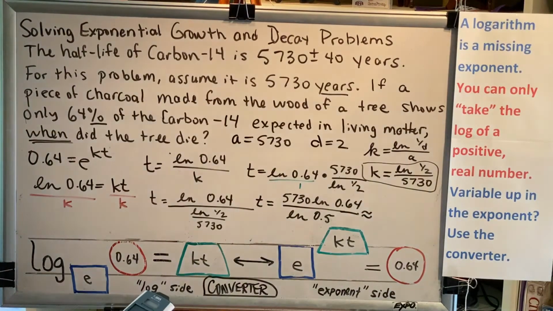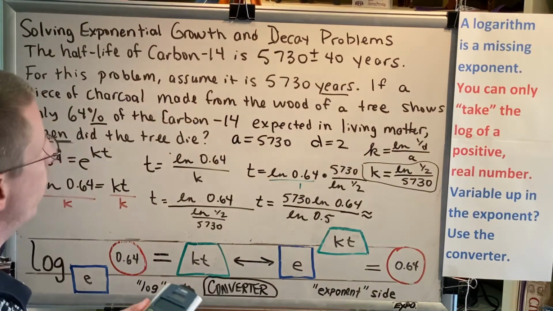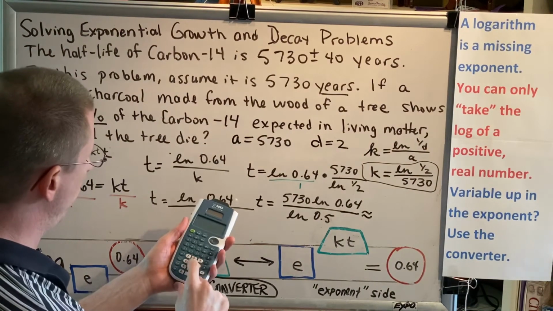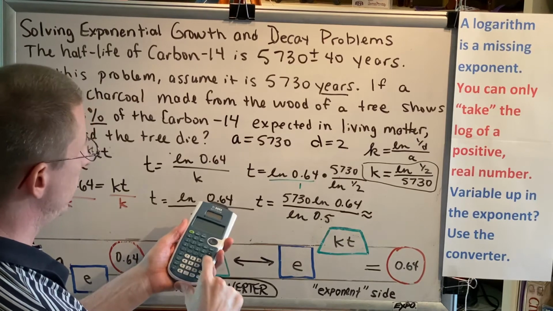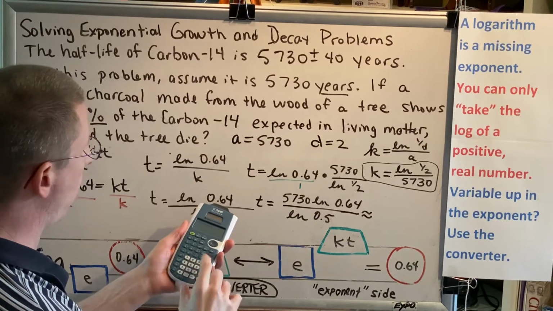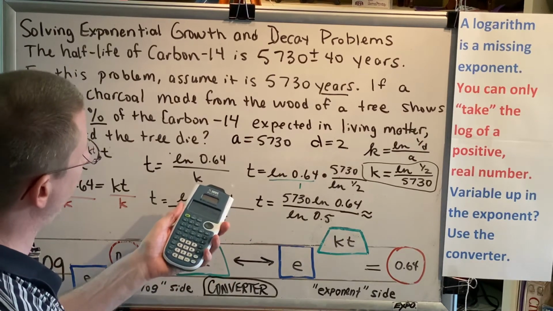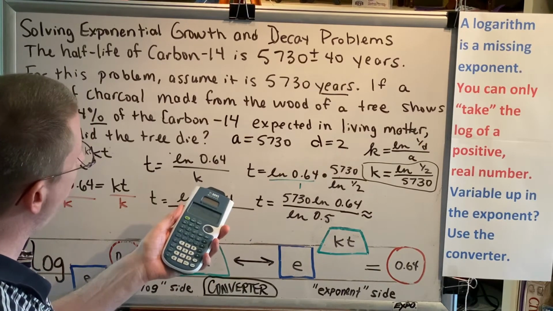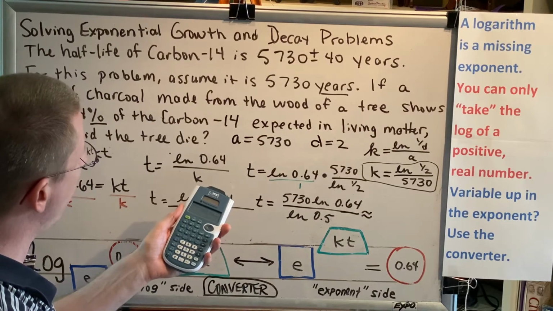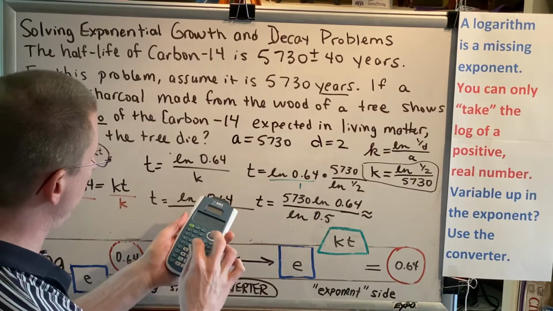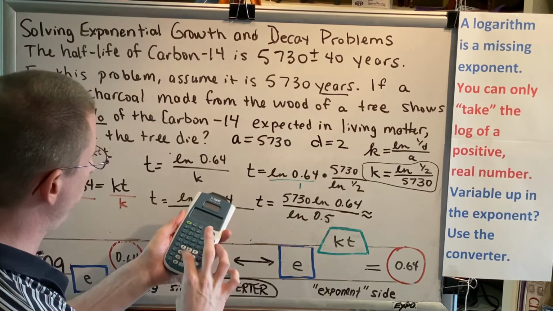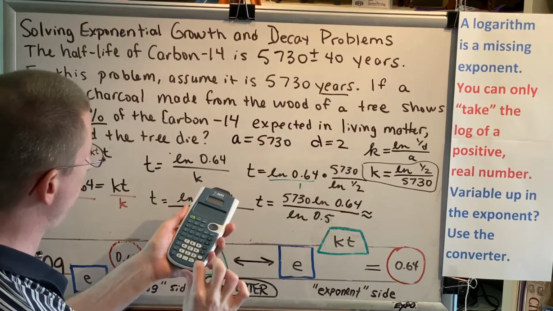Now all I have to do is put that in my calculator, and I'll get myself an answer. So here we go. First, 5730 times the natural log of 0.64, close parentheses, enter. I get negative 2557.225098. Divide by natural log of 0.5, close parentheses on the argument, enter.